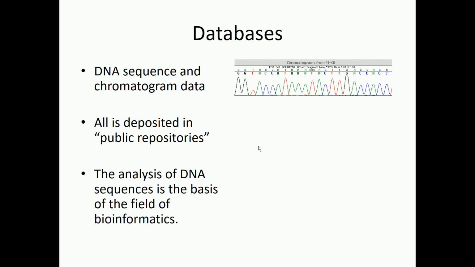All the DNA sequence which you get is deposited in public repositories. Basically there are different databases, and I am going to talk today about different databases. All these sequences are deposited there, and scientists from the whole world can make use of that sequence data and do various things.